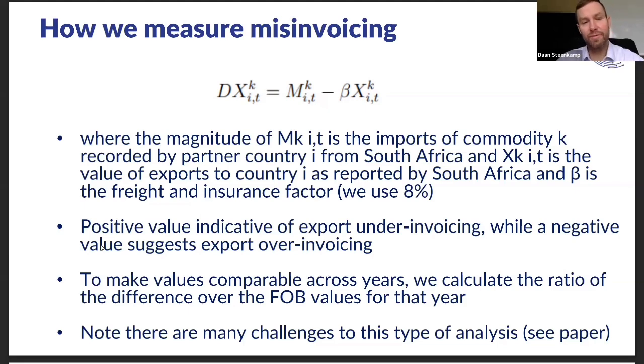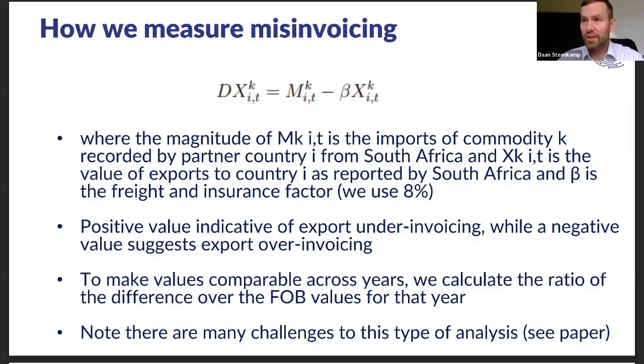Now, there's a whole raft of potential challenges when doing this kind of work, which we won't go into today in a lot of detail, and I invite you to go and look at the paper for more, but they relate to things like re-exporting, which can make it difficult to identify trade misinvoicing, but also just general completeness of data. I've mentioned gold as an example: gold country level trade data is not available for South Africa, which makes that kind of analysis impossible.